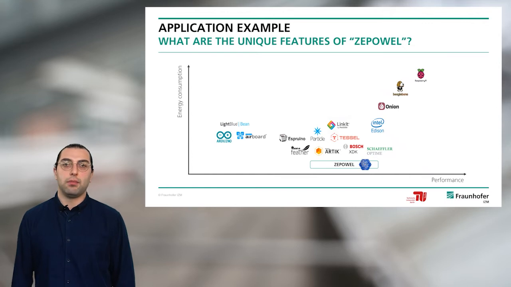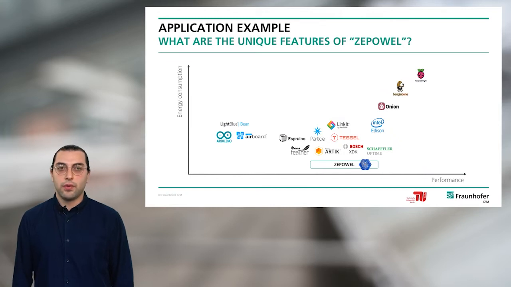Our application example, ZEPOWEL, short for Zero Power Electronics, was developed exactly for this purpose. It is an IoT platform with the focus, as you can see in the slide, on ultra-low power.